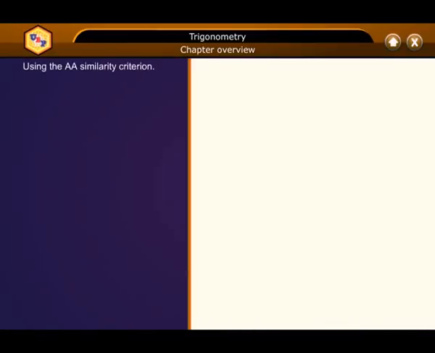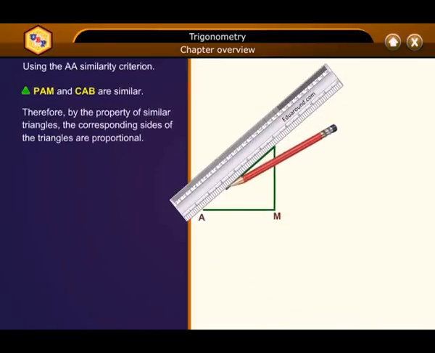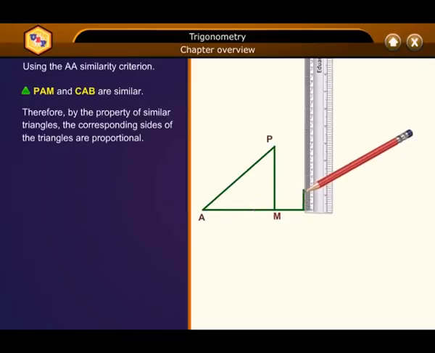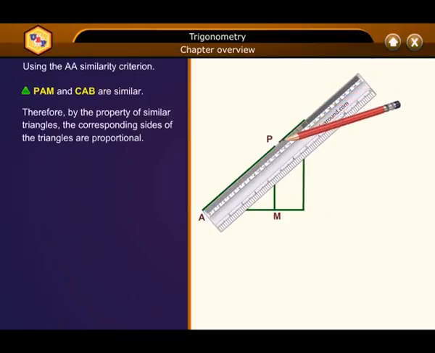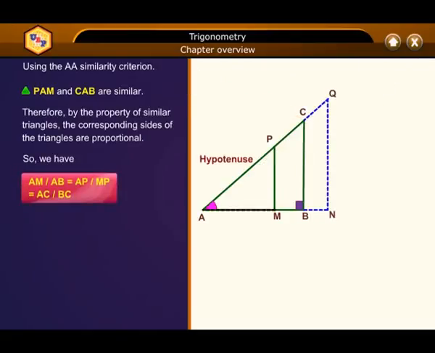Using the AA similarity criterion, triangles PAM and CAB are similar. Therefore, by the property of similar triangles, the corresponding sides of the triangles are proportional. So, we have AM upon AB is equal to AP upon MP is equal to AC upon BC.